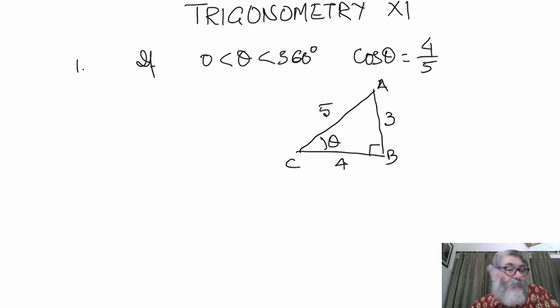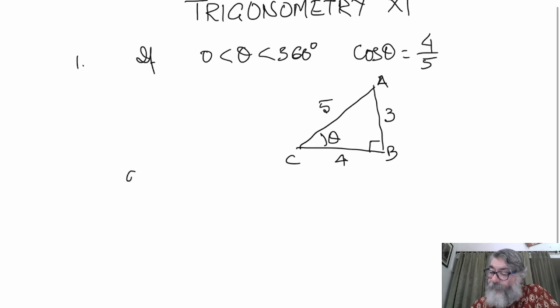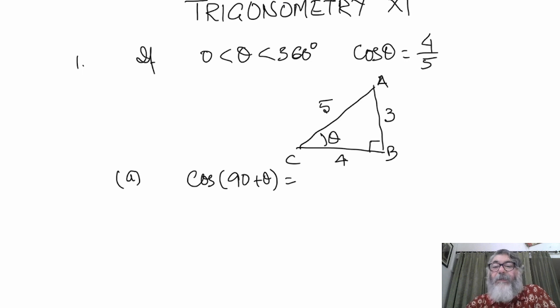Now he wants you to find the value of number 1, cos 90 plus theta. Cos 90 plus theta means this angle will fall in the second quadrant. Cos changes to sine.